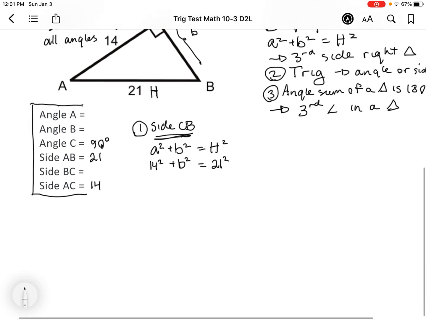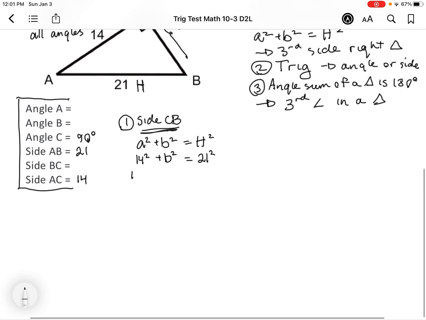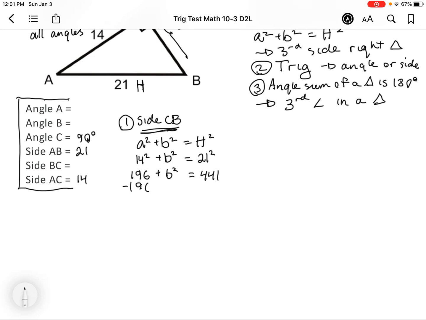Okay, so 14 squared is 196 plus b squared equals 441. Okay, well, I need to eventually get b, but to get that, I need to isolate b squared first. So how do I do that? I have to undo having 196 on the left side. How do I do that? I subtract it.